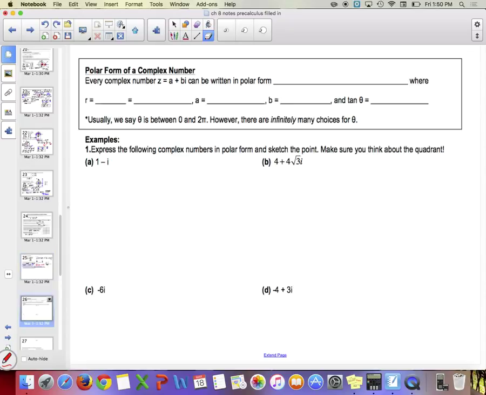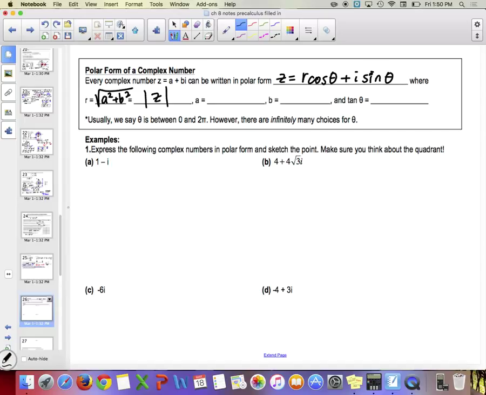All right, polar form. So it says every complex number, z, which is a plus bi, can be written in the polar form, z equals r cosine of theta plus i sine of theta, where r is equal to the square root of a squared plus b squared. Which is really like the modulus of z.